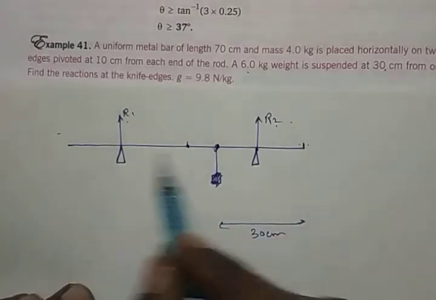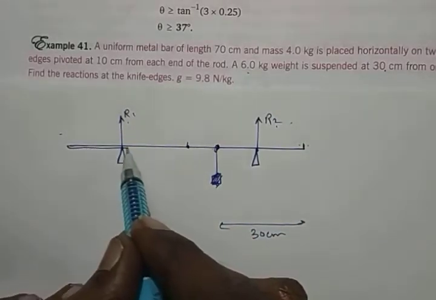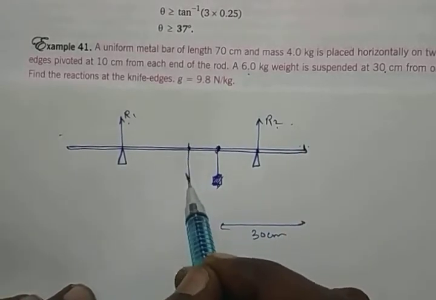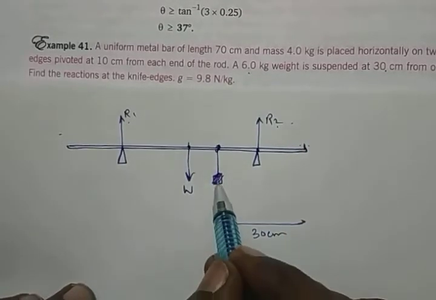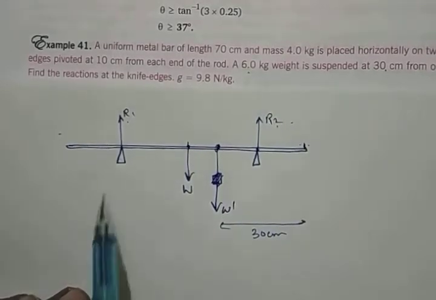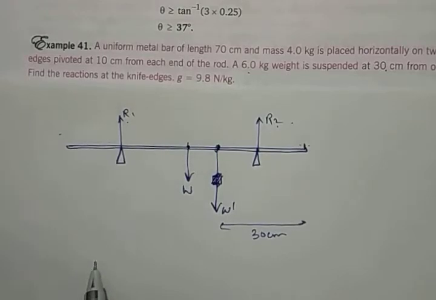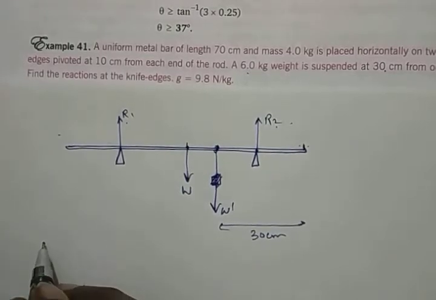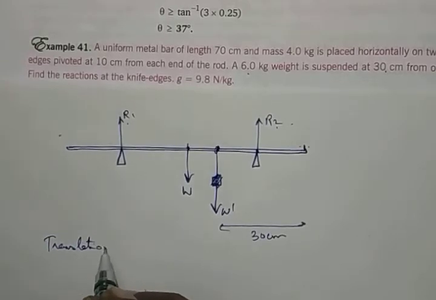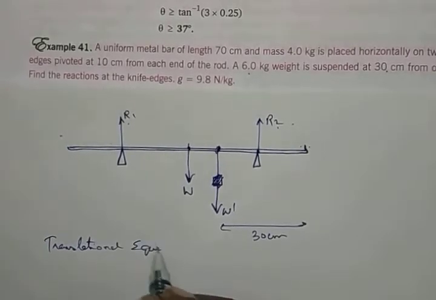This whole scale will have its own weight, that is W, and this is going to be W dash, and R1 and R2. So, translational equilibrium.